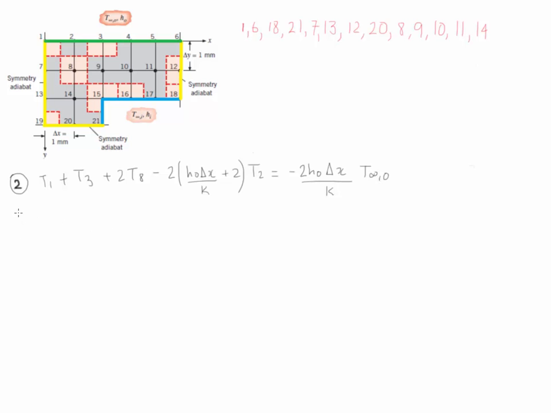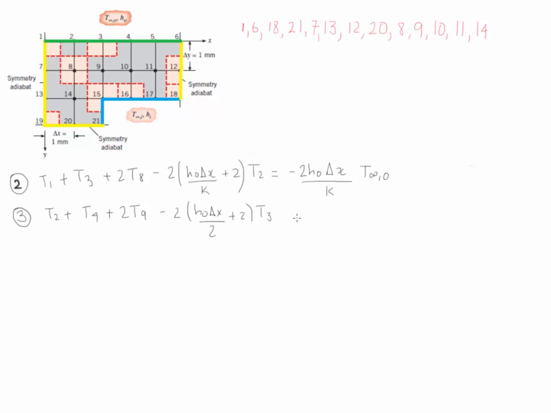If we write the similar equation for node 3, the surrounding nodes are going to be 2, 4, and 9. So we write T2 plus T4 plus 2 times T9 minus. The structure over here remains exactly the same.